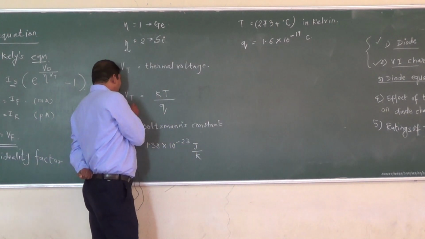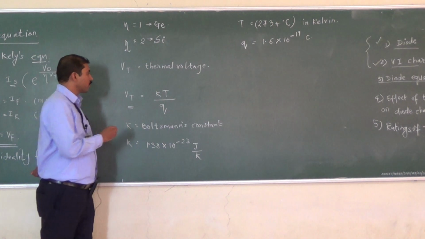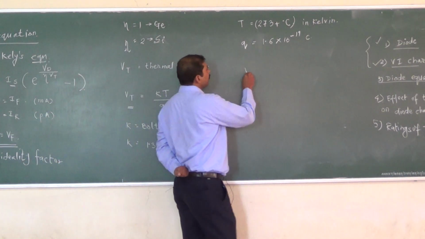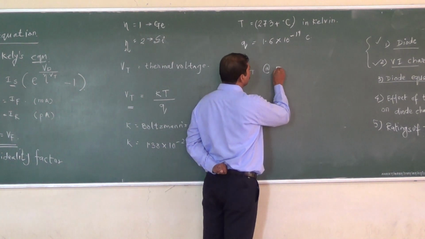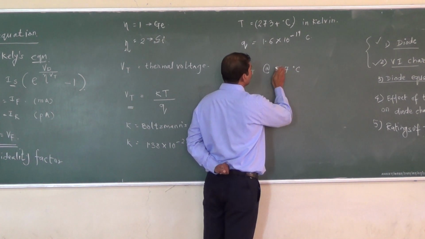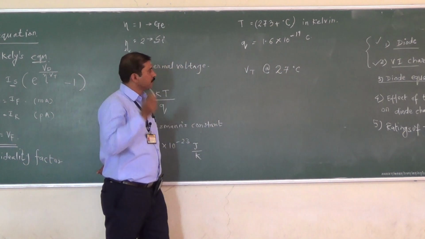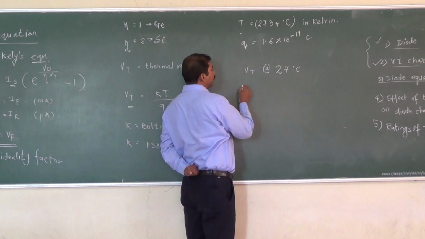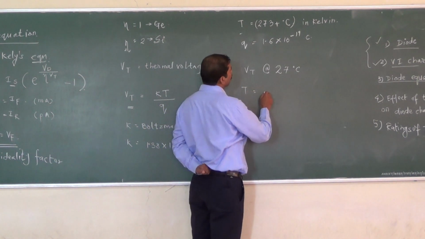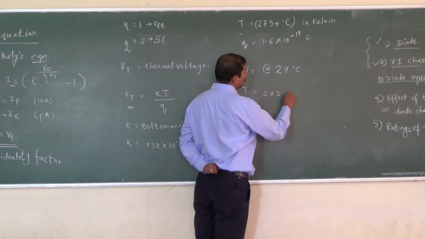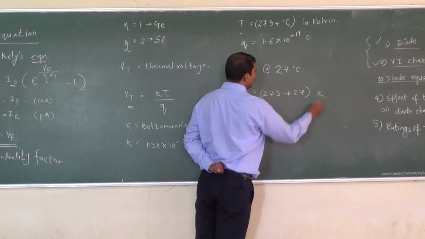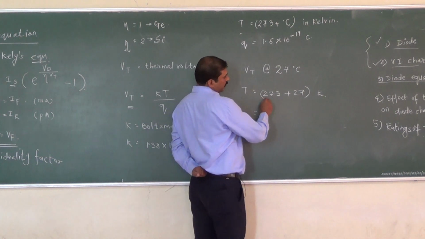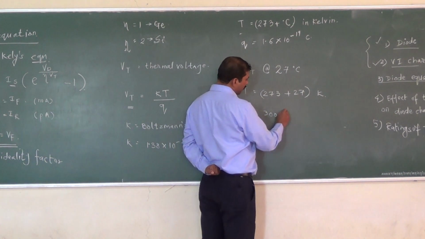Now how to use this Vt? Let us calculate Vt, the thermal voltage, at 27 degrees centigrade, that is at room temperature, say. So first of all, we need to calculate the temperature. T is given by 273 plus 27 degrees centigrade, that is in Kelvin. So it gives us 300 Kelvin.